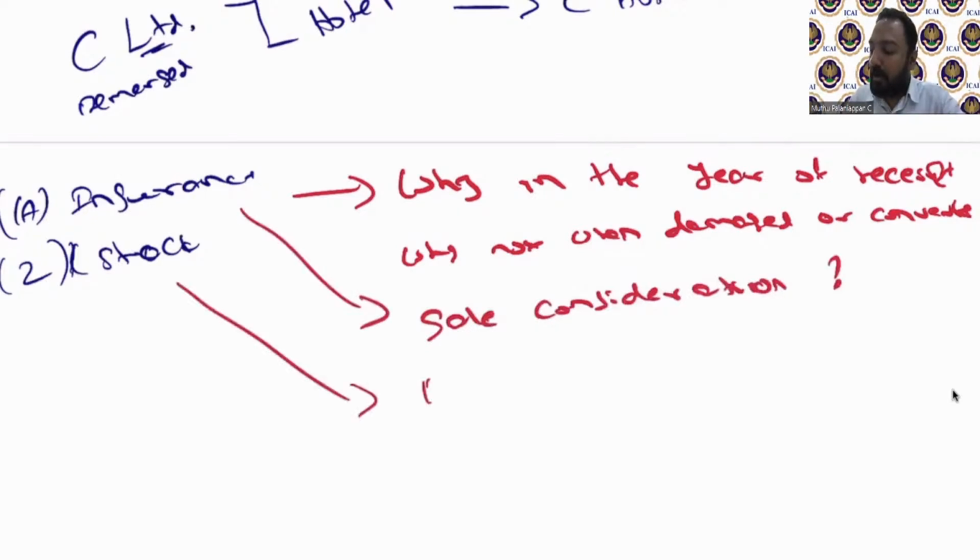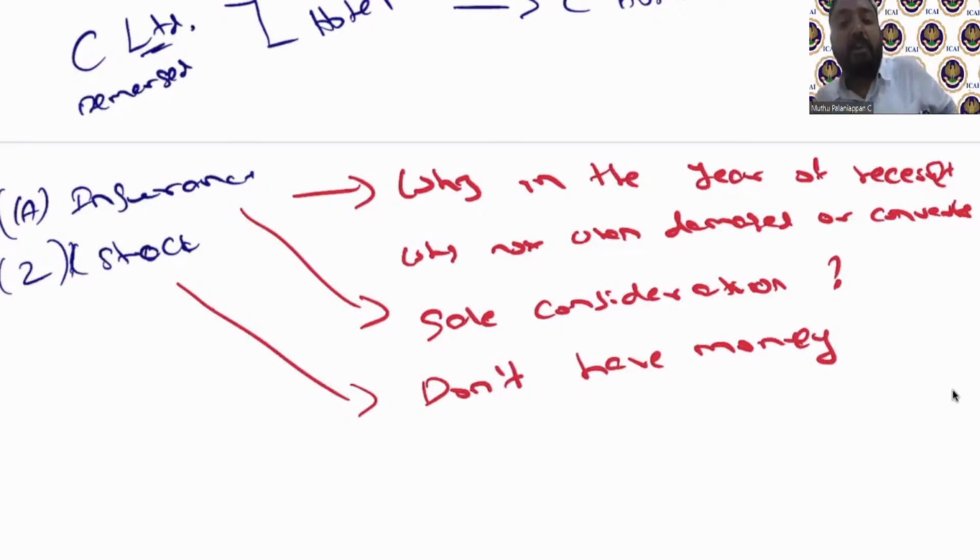For stock, you don't have money. So how will I pay tax when I don't have money? How will I pay tax when I don't know what exactly my sale consideration is?